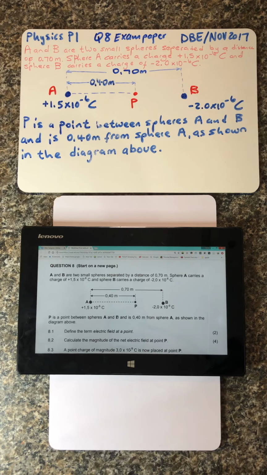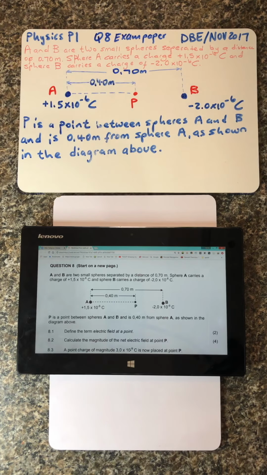Sphere A carries a charge of positive 1.5 by 10 to the exponent negative 6 coulombs, and sphere B carries a charge of negative 2.0 by 10 to the exponent negative 6 coulombs.